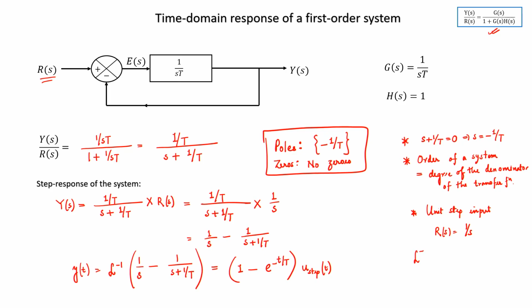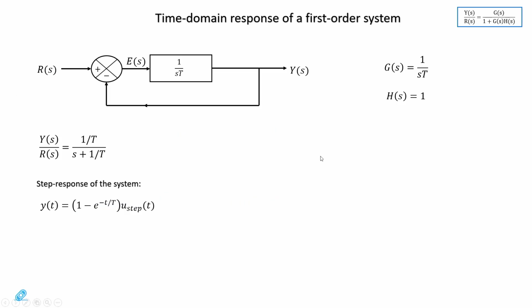Because what was the Laplace inverse of 1 by S? The Laplace inverse of 1 by S is nothing but unit step, right? And what was the Laplace inverse of 1 by S plus A? It was nothing but e to the power of minus at u(t), right? I have used these two formulas to find out this. So, y(t) comes out to be this.